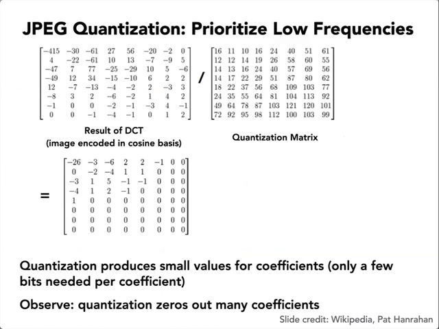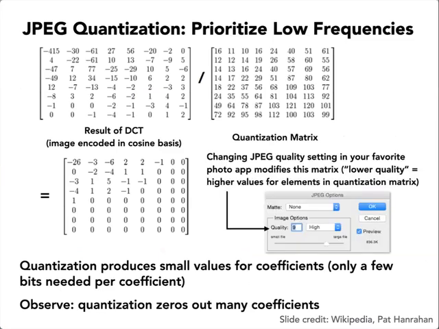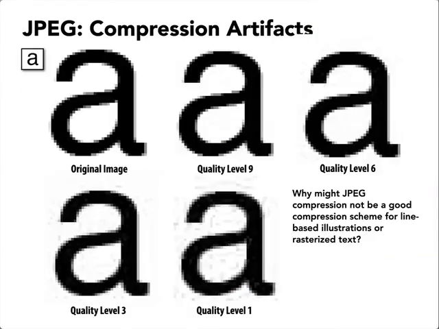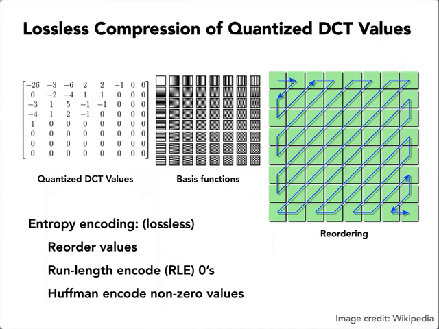Then I talked about the details of quantization, to keep detail in the low frequency portions rather than the high frequency portions through this quantization matrix approach. I showed you some examples of the quantization artifacts that occur at higher levels of compression, and I told you about some of the final details and how this was laid out.